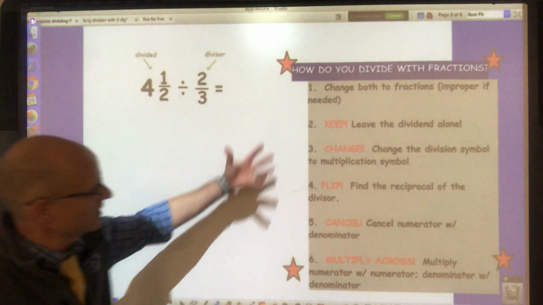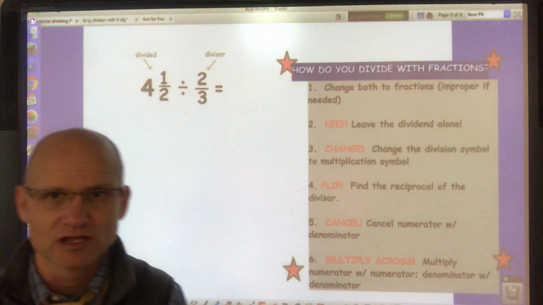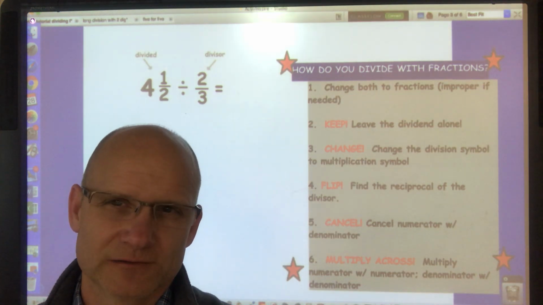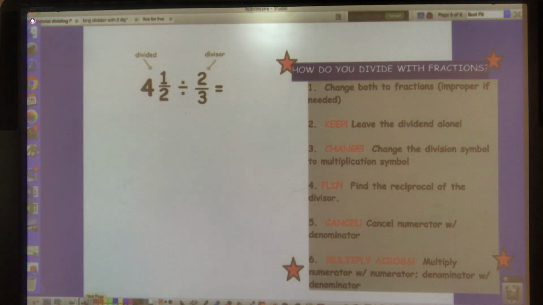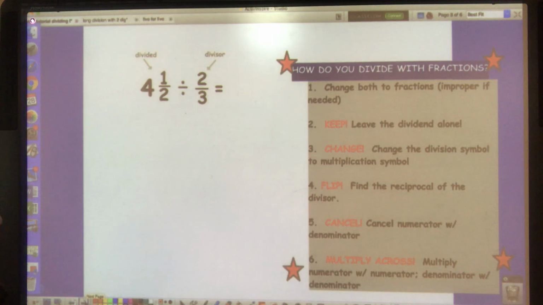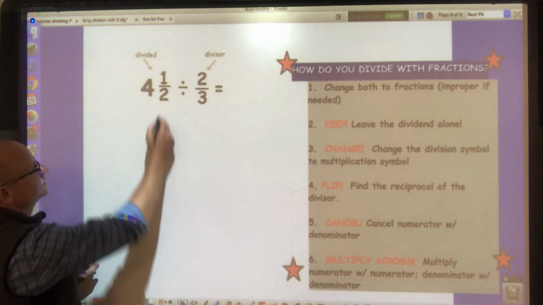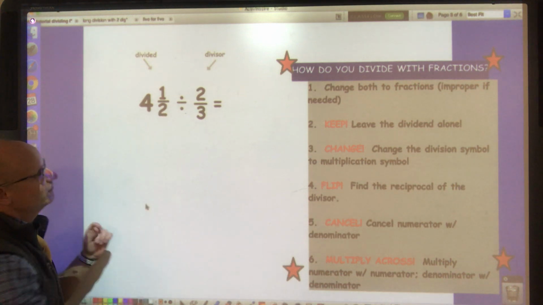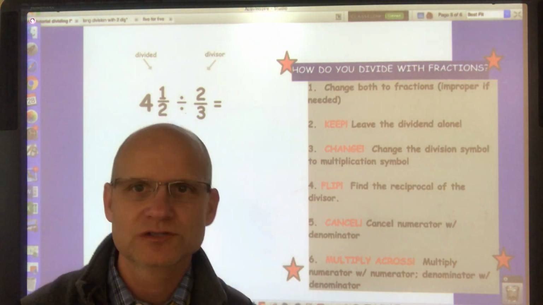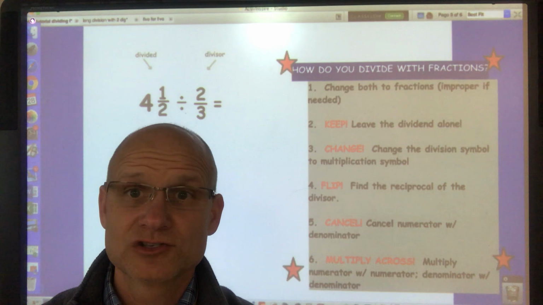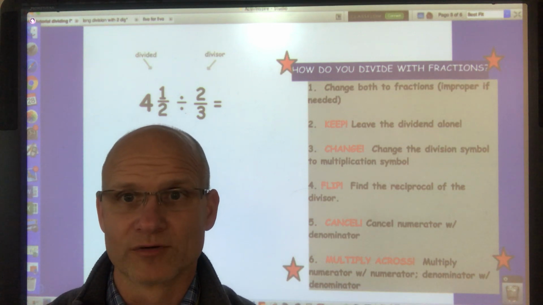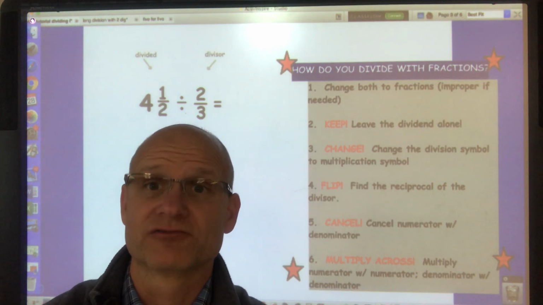So write down this process. Press pause and write down all this information here, okay? So just going through these steps again, what's the very first thing I should do if I'm going to solve this problem? Don't do the keep, the change, or the flip yet. First thing you should do is make sure everything's a fraction.